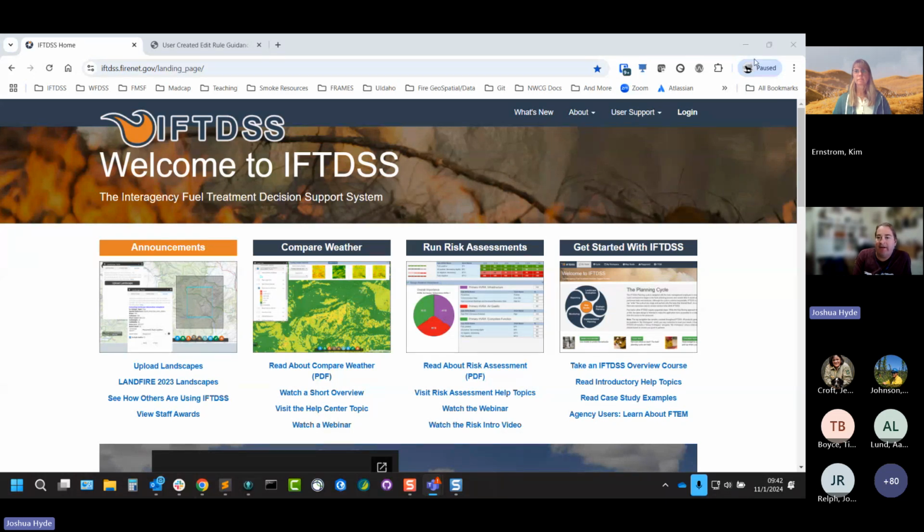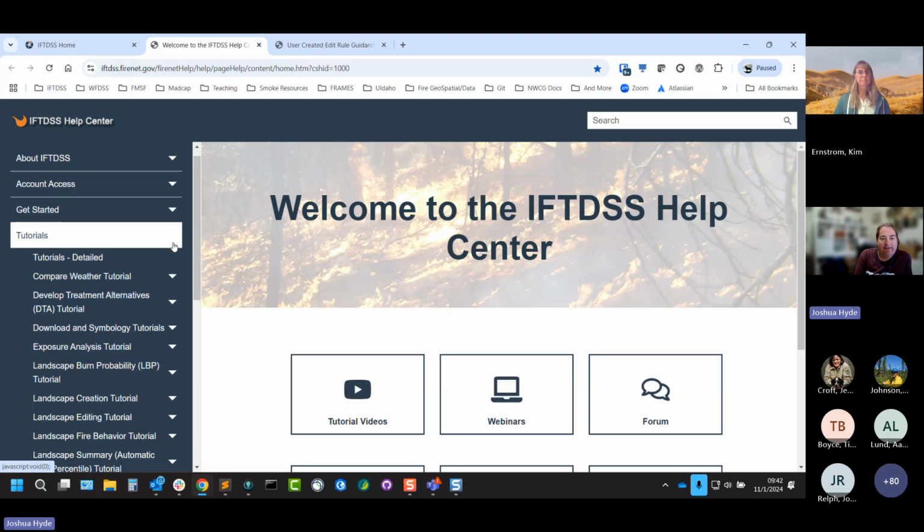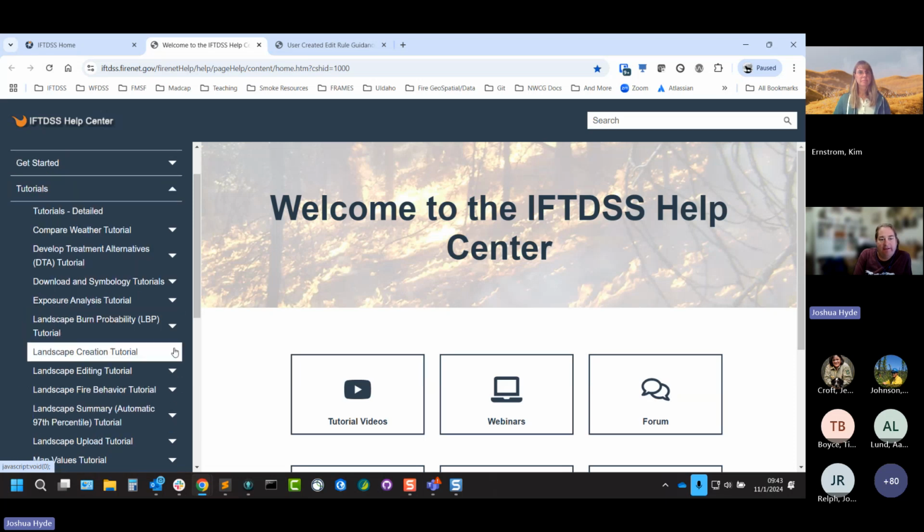So from the IFTDSS homepage, we've got our Help Center here at user support. And you can get to the editing resources either through the planning cycle workflow, or I've been going up to tutorials lately and just hitting it up there. It's the same help pages in both.